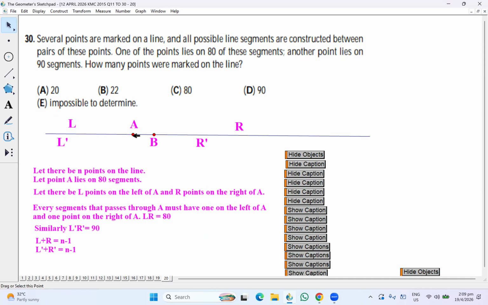A is part of the points on the left of B. A is a point on the left of B. So how can we then continue after we are able to make this reasoning? The reasoning is that any segment must have 1 point on the left and 1 point on the right.